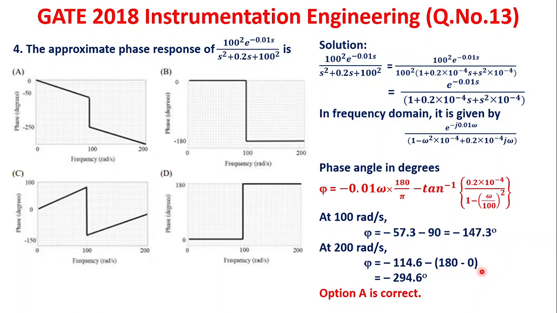This we have seen in a number of questions. Whenever the point is present in the second quadrant, the angle that we calculate by keeping the real part positive, that angle you have to subtract from 180. So 180 minus that angle. Since it is closer to 0, I have taken 180. That's all. So minus 114.6.